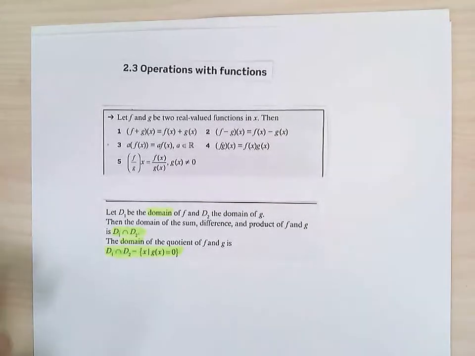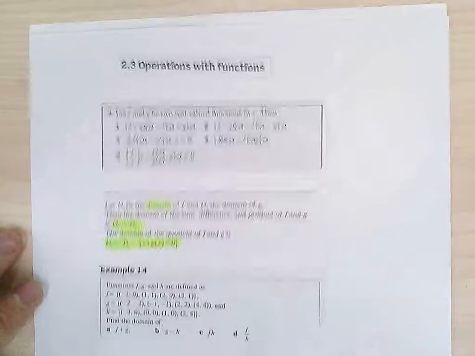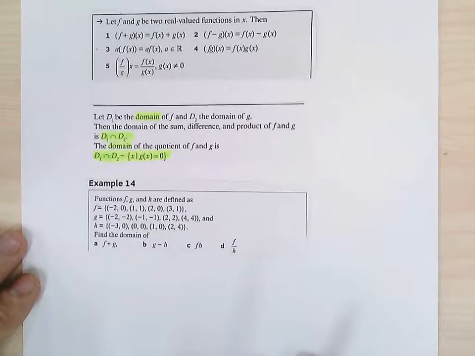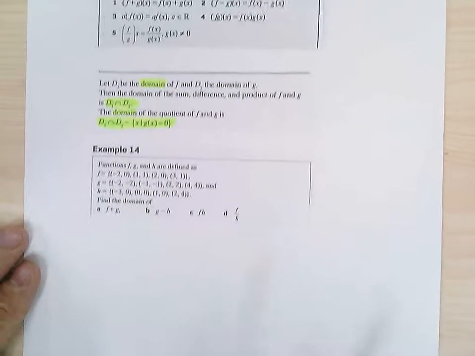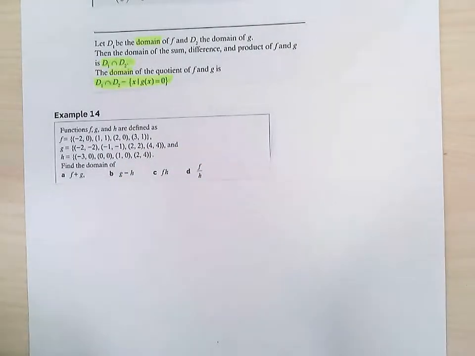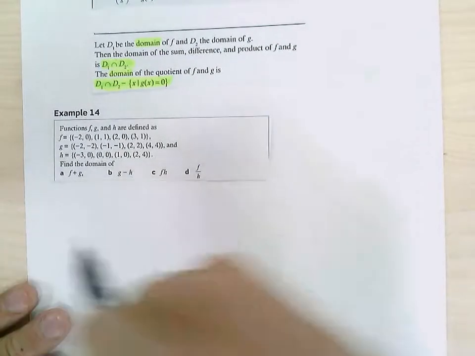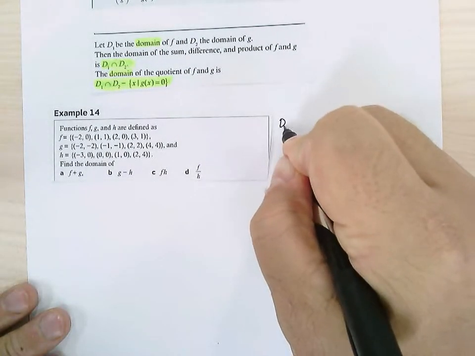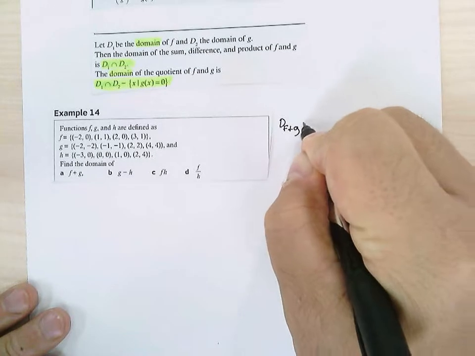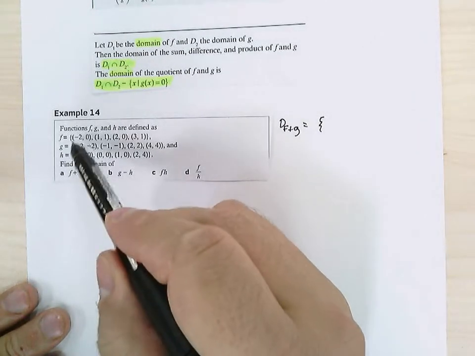Now let's go ahead and look at a problem and see how this works. So we're going to look at example 14. The first one asks us for f plus g, right? The domain of f plus g is going to be the intersection of the domains of f and g.